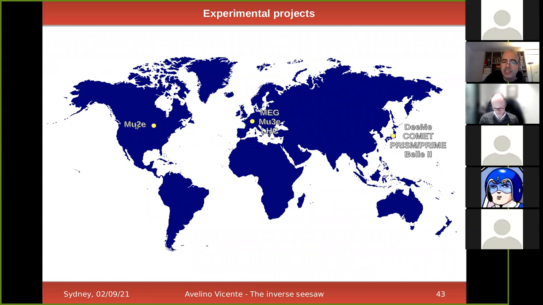And in the US, you have this project Mu2e, which is looking for muon to electron conversion in nuclei. And in Japan, you have several experiments also looking for muon to electron conversion in nuclei, like DeeMe, COMET, and in the future, PRISM/PRIME. And Belle II, which is already running, is also potentially capable of finding lepton flavor violation.